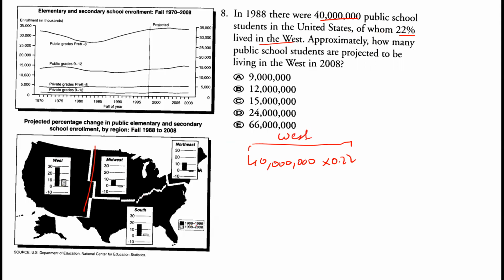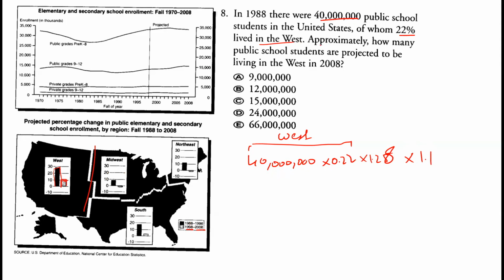From 1988 to 1998 they increased by a bit less than 30%, so it's multiplied by 1.25, or 1.28 to be precise. And then from 1998 to 2008 the number increased by 10%, so again multiply by 1.1. So let's make our life easier: 40 million into 0.22.